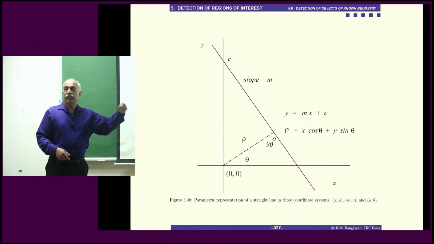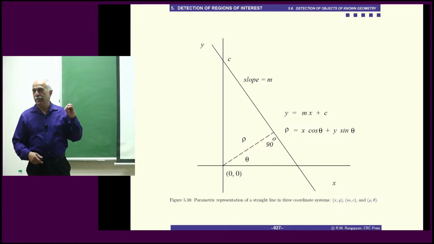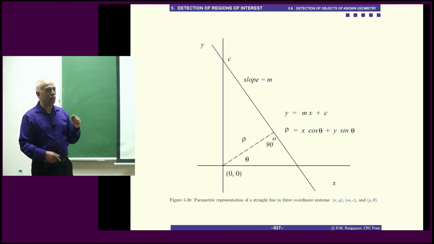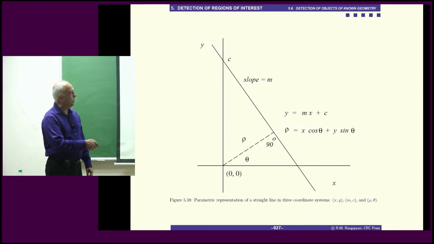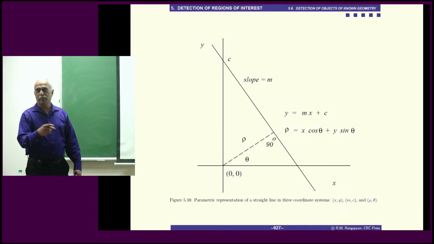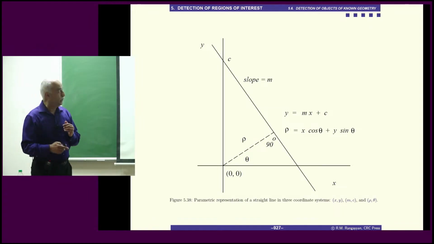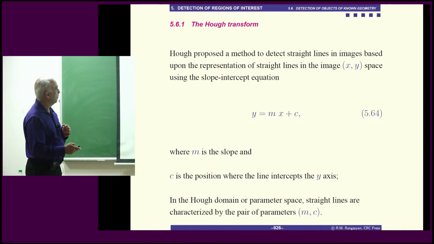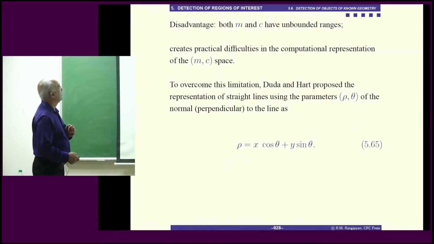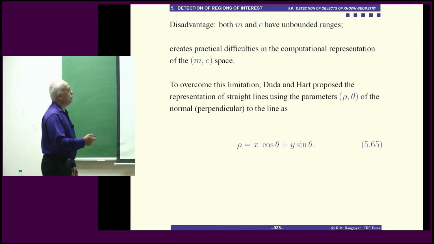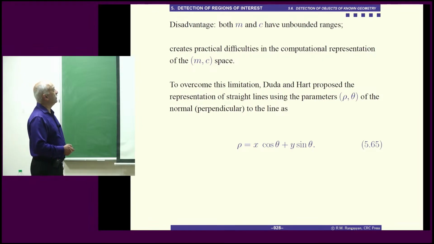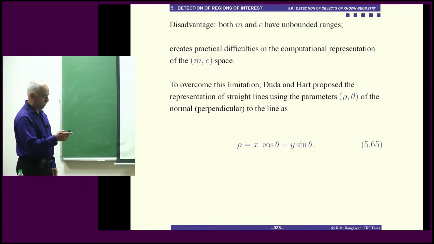With this definition, rho and theta are bounded. y equal to mx plus c has the problem that c is unbounded. So this is a better representation. This is what Duda and Hart used in their paper after Huff's paper. Both m and c have unbounded ranges, depending on how you define that, and then it is better to use this formulation.